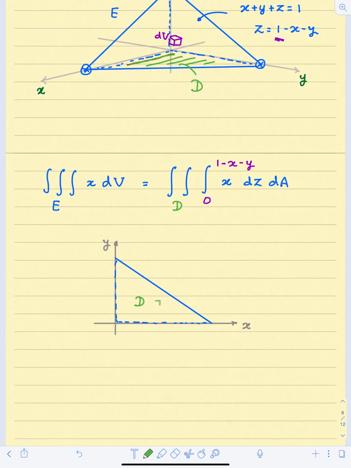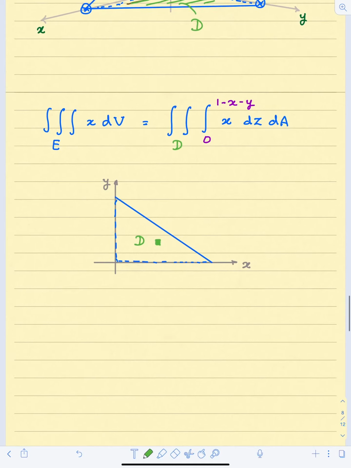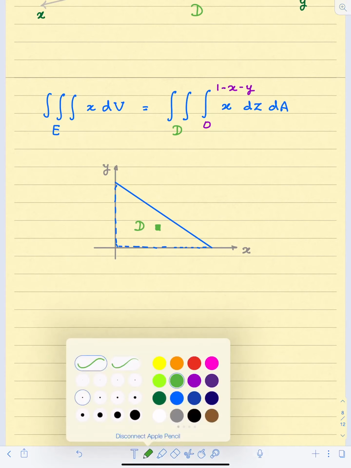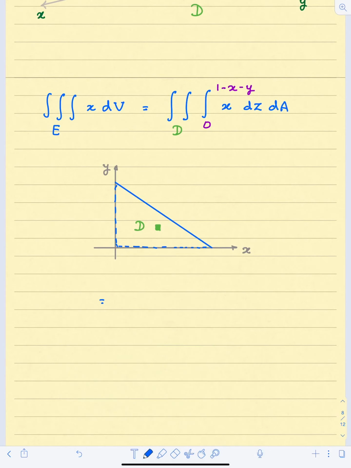Now we are going to consider an area element on D. Then the triple integral can be written like this. Let's say dA equals dy dx.